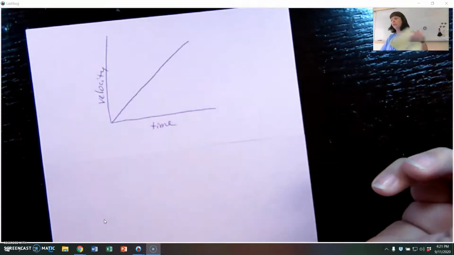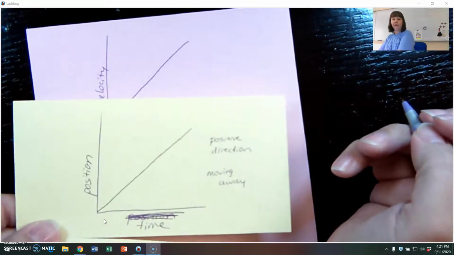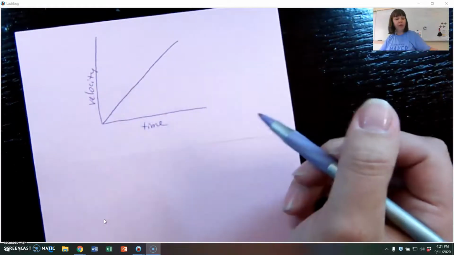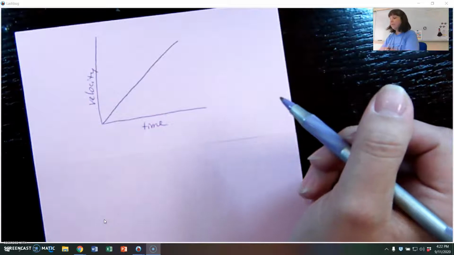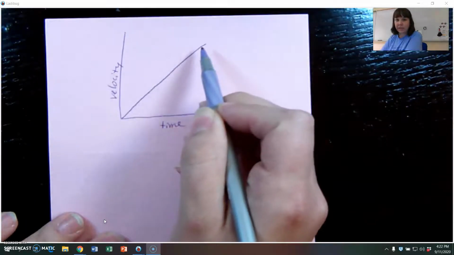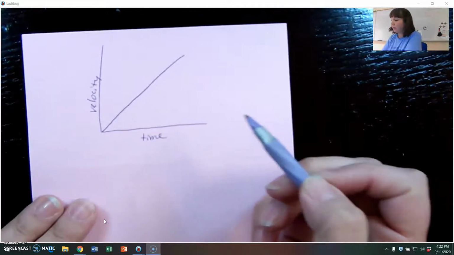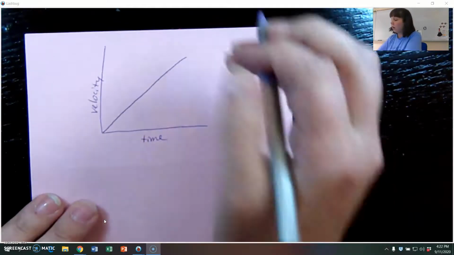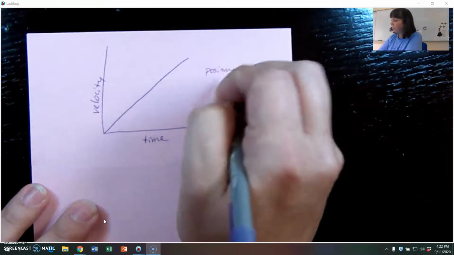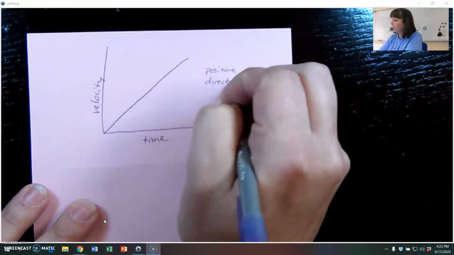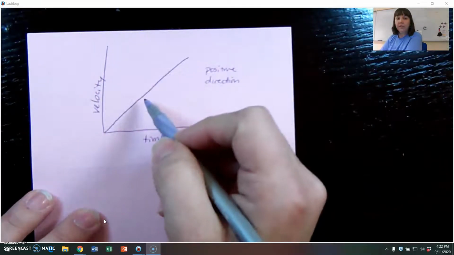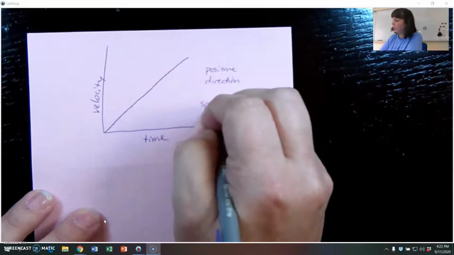It's going to look just like it did on the other sheet, except for one, I put time and that was correct, and 2, this is a velocity time graph. So this is showing that my velocity is going up with time. So just like on the position time graph, we're going in a positive direction, but the slope indicates that we are going faster and faster, so we're speeding up.